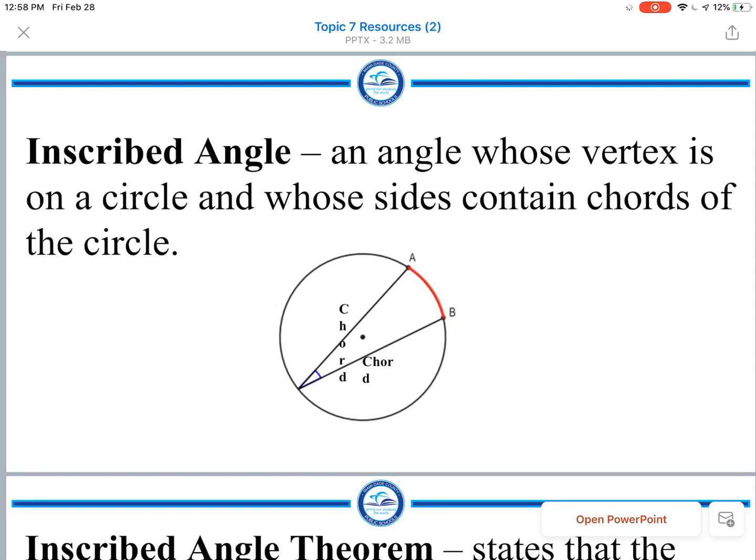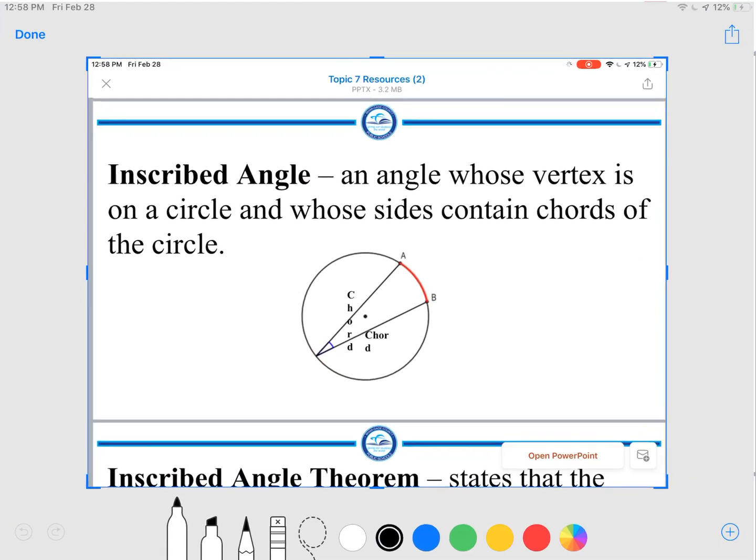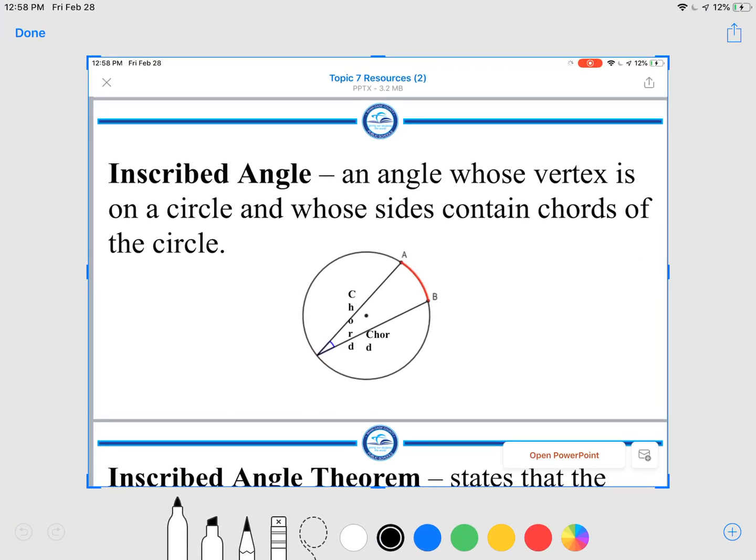Next, inscribed angle. So it's another angle inside a circle, but it's not a central angle. Remember, the central angle had its vertex at the center and went out to the edge of the circle. This is an inscribed angle.